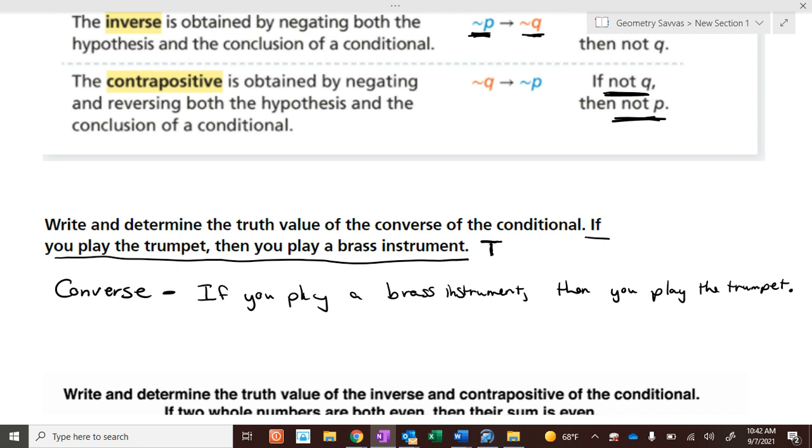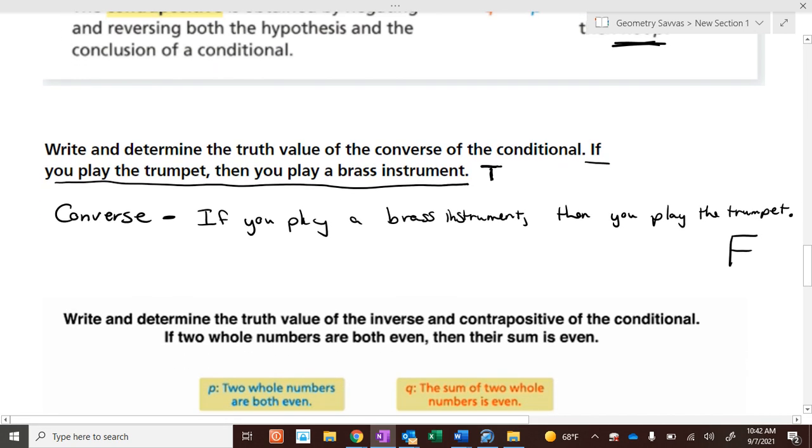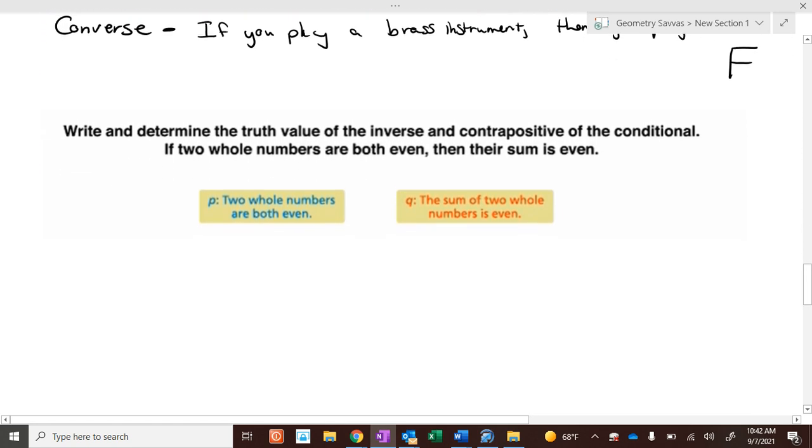Now, is that a true or false statement? That's false, because you could also play a baritone or a tuba or something like that and play a brass instrument. So that is a false statement. So sometimes when you turn statements around, they're true. Other times, if the conditional statement is true, sometimes the converse is false, like we saw there.